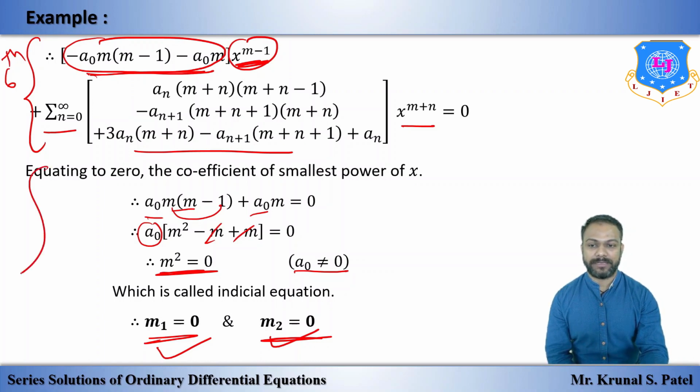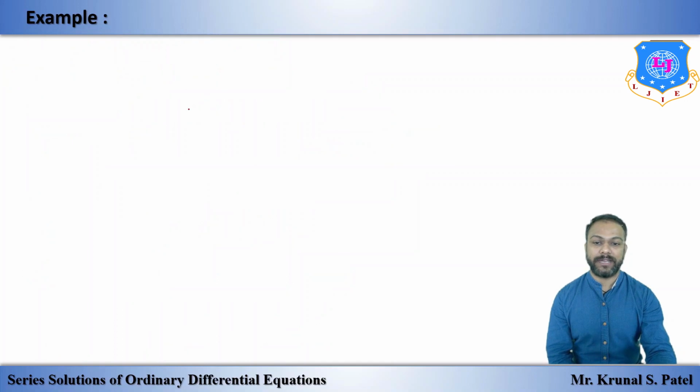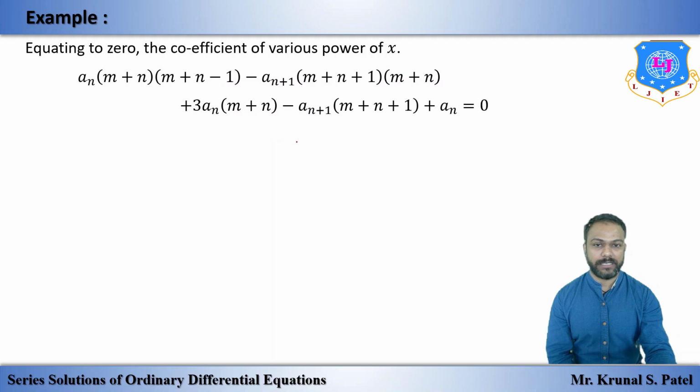Now after deciding the case, we will equate to 0 the coefficient of various powers of x, and in the various powers we have only this term. So we use this and equate the coefficient to 0. From this we have an plus 1 and an, and we will make an plus 1 the subject, since in the term an plus 1 is larger than an.